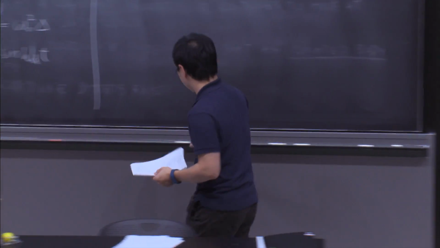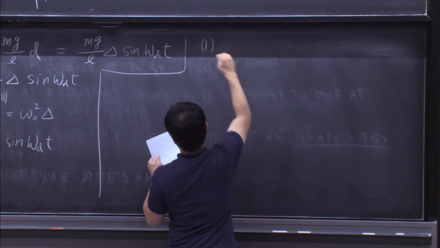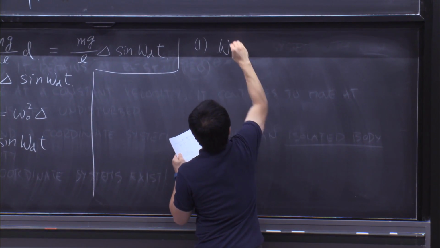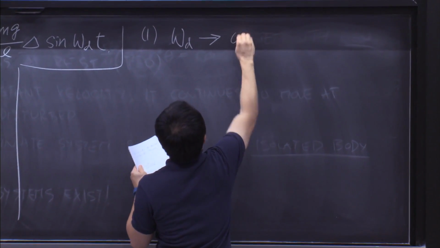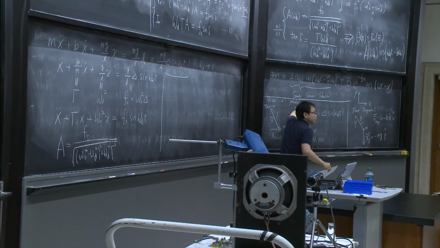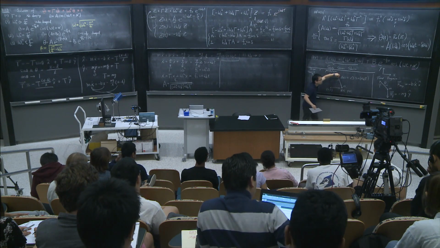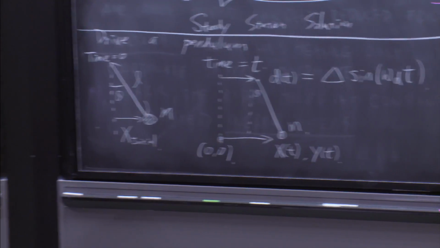So what I'm going to do is to take some limit so that we can help you to understand what is going on. So suppose I assume that omega d goes to 0, okay? So what does that mean? This is Yen-Jie's hand, and I move it really slowly and see what is going to happen, okay?